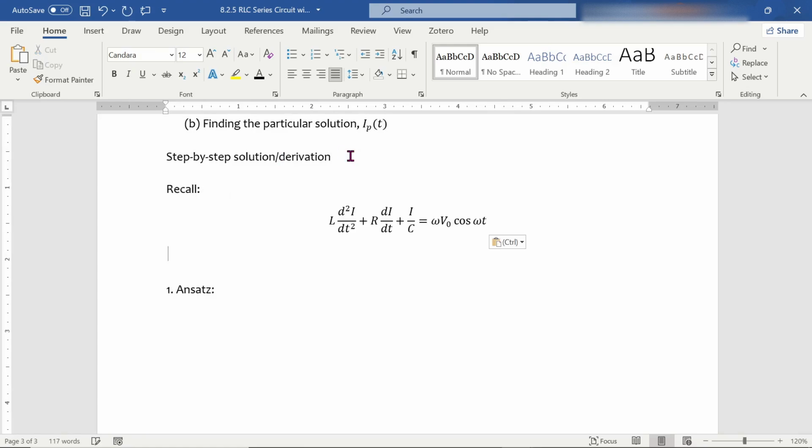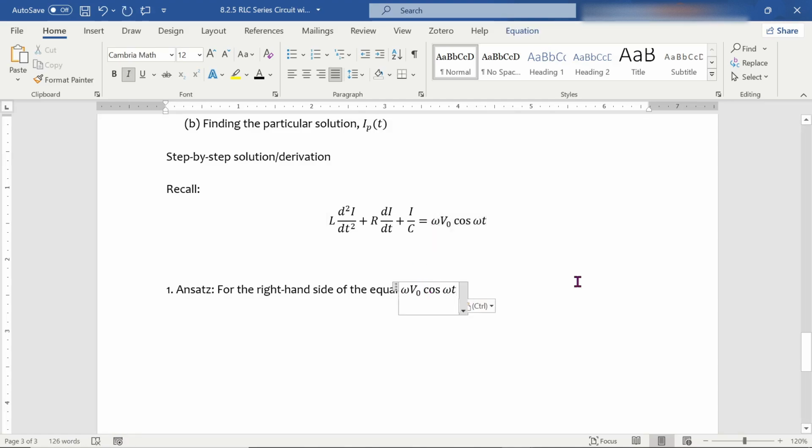We recall that this is our equation. In the homogeneous solution, we take note that we equate this to 0 since it's homogeneous. But here for the right hand side, in looking for the particular solution, we have this one.